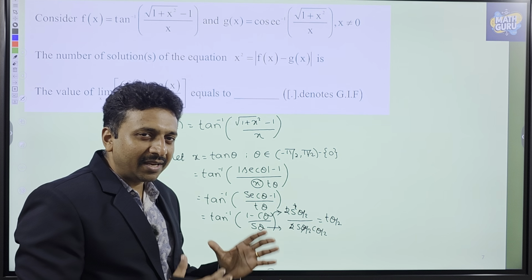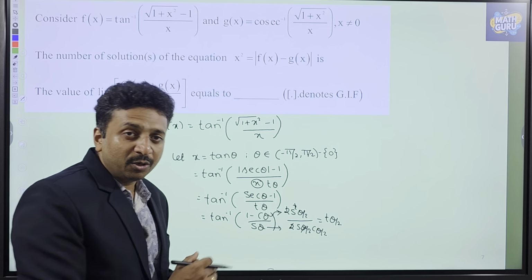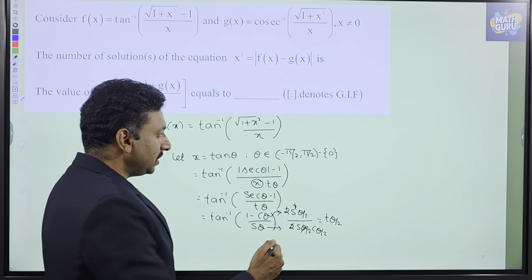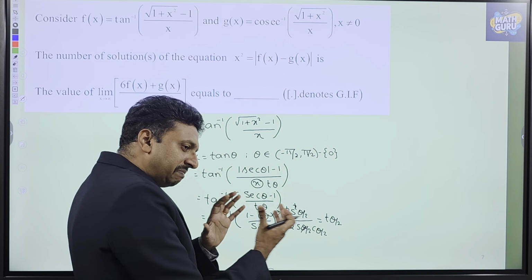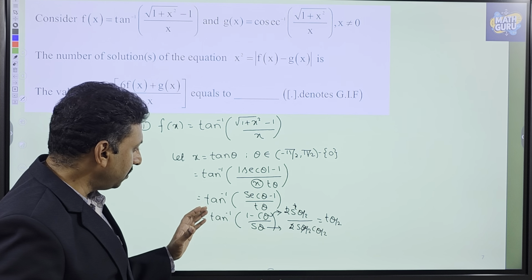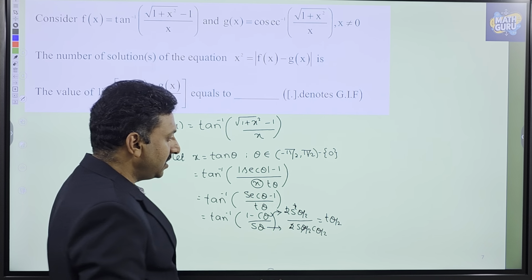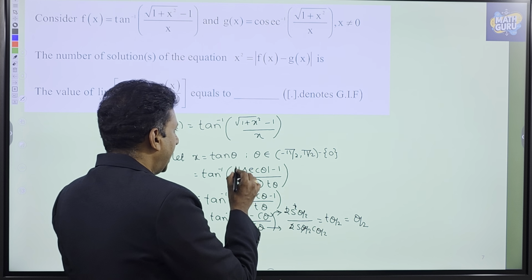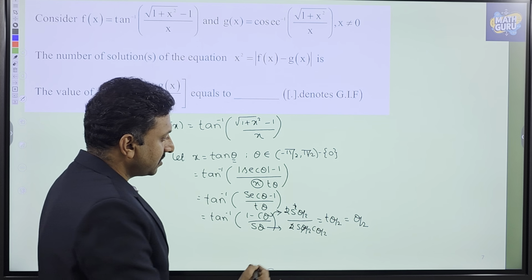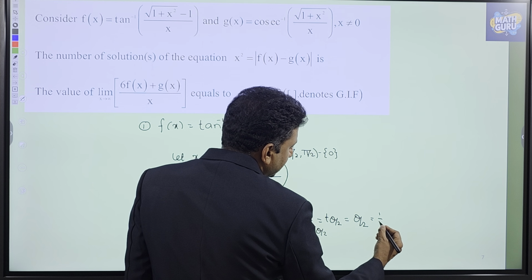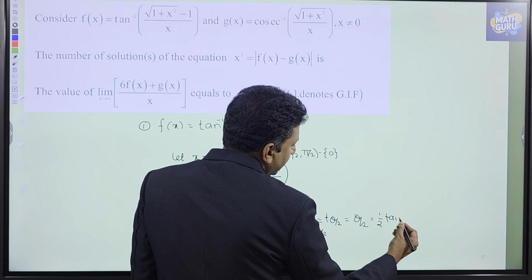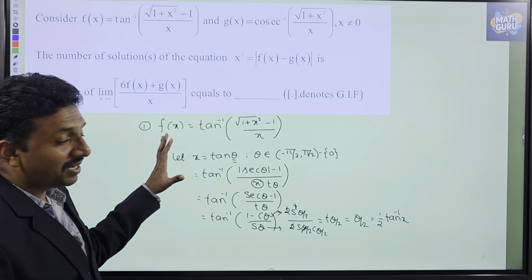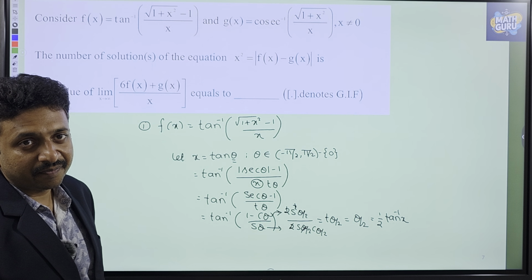Now theta belongs to minus pi by 2 to pi by 2, so theta by 2 belongs to minus pi by 4 to plus pi by 4. Within the interval minus pi by 4 to pi by 4, tan inverse and tan cancel each other. So this is simply theta by 2, and theta is clearly tan inverse x. So f of x is half tan inverse x. That's the simplified version of f of x.